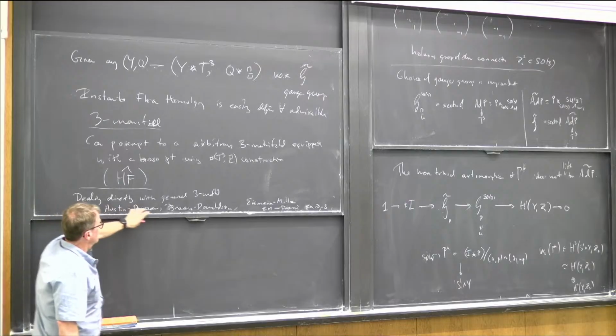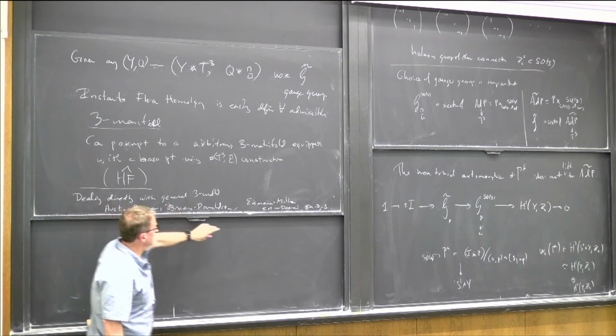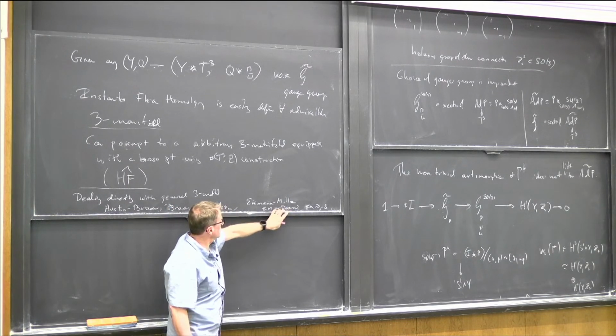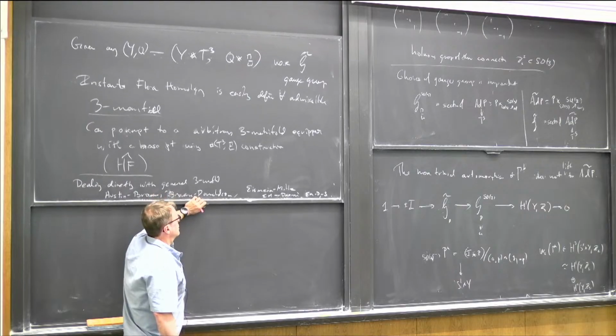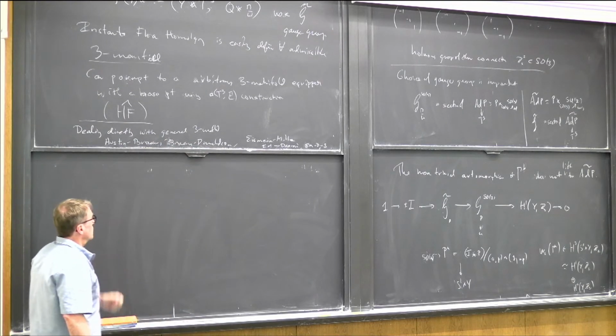In these original versions, it wasn't quite clear that you got a functor, and then I think, at least for rational homology spheres, this work eventually does deal with that.